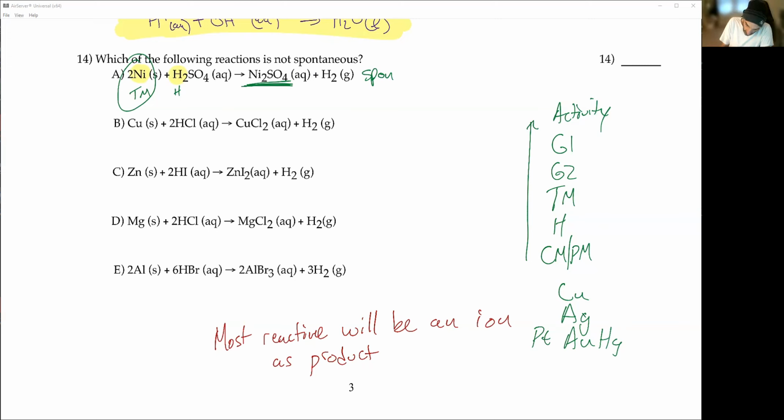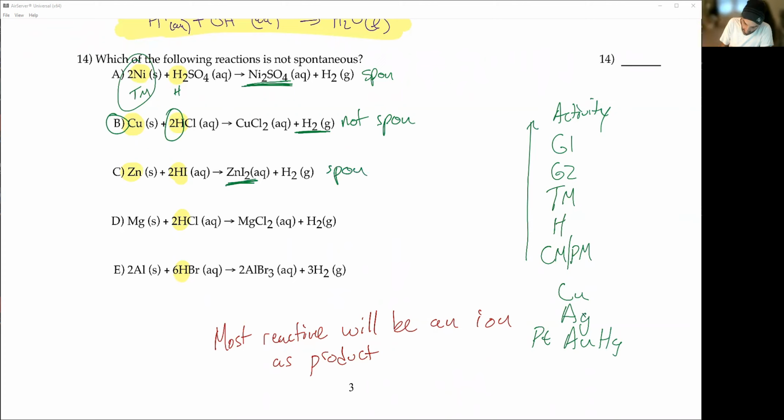Next up, I've got copper and I've got hydrogen. By the way, these are all combined with hydrogen, so that's worth a look. Copper is actually less reactive, so hydrogen is more reactive. Hydrogen is the element, therefore this is the correct answer because this is not spontaneous. Okay, and now let's check the rest of them. Zinc, it's a transition metal, it's more reactive. Zinc is in fact the ion, so this is spontaneous.